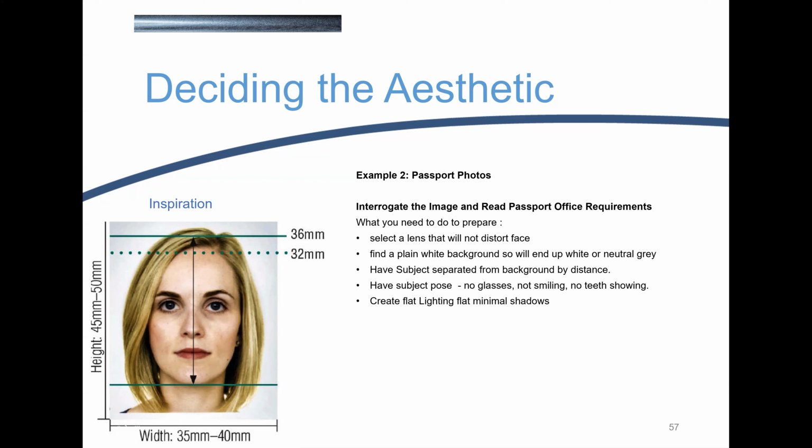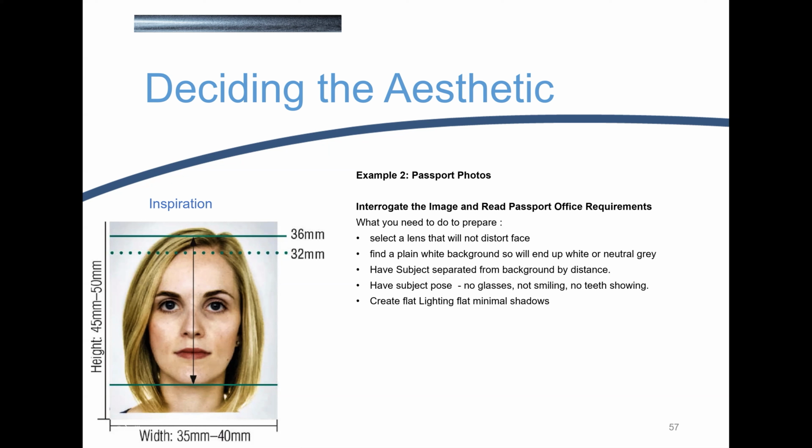The requirements that the Passport Office gives us is that the background needs to be a plain white to neutral grey background. So that indicates to us we need to find a plain background for us to use.